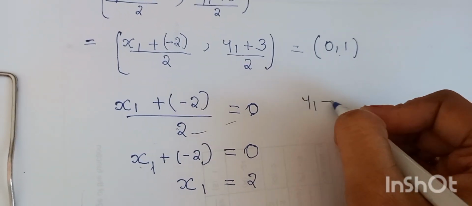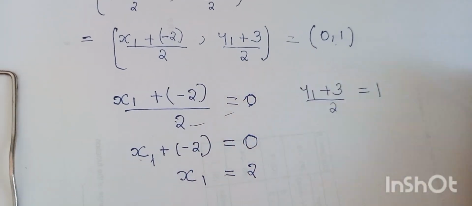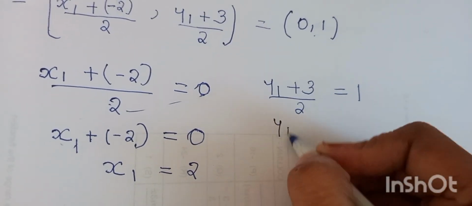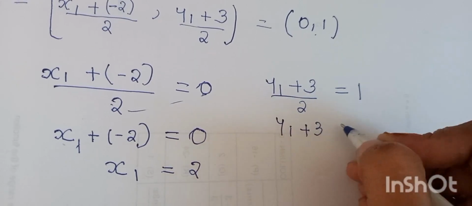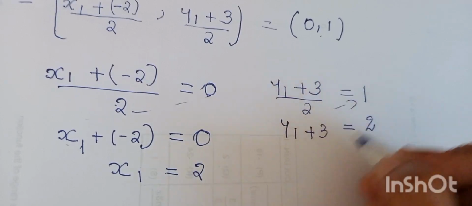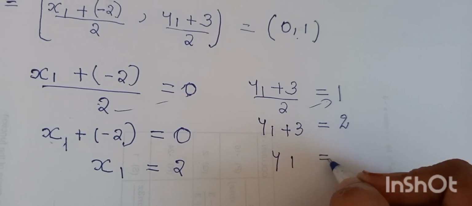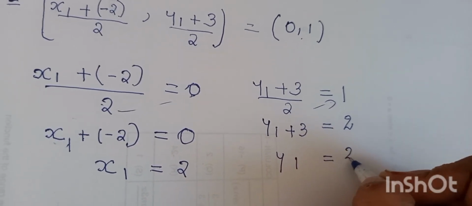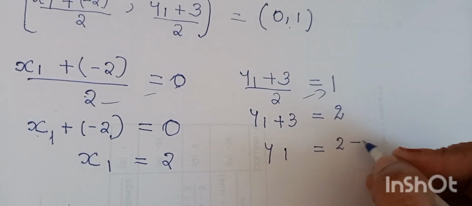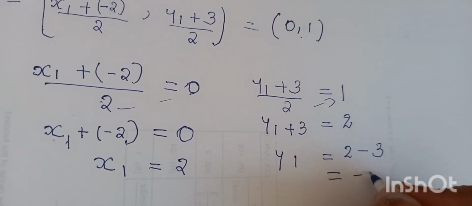So y1 plus 3 by 2 is equal to 1. So y1 plus 3 is equal to 2. Just cross multiply. Then y1 is equal to 2 minus, transpose these 3 to this side, so it becomes minus. So minus 3, which is equal to minus 1 we get.